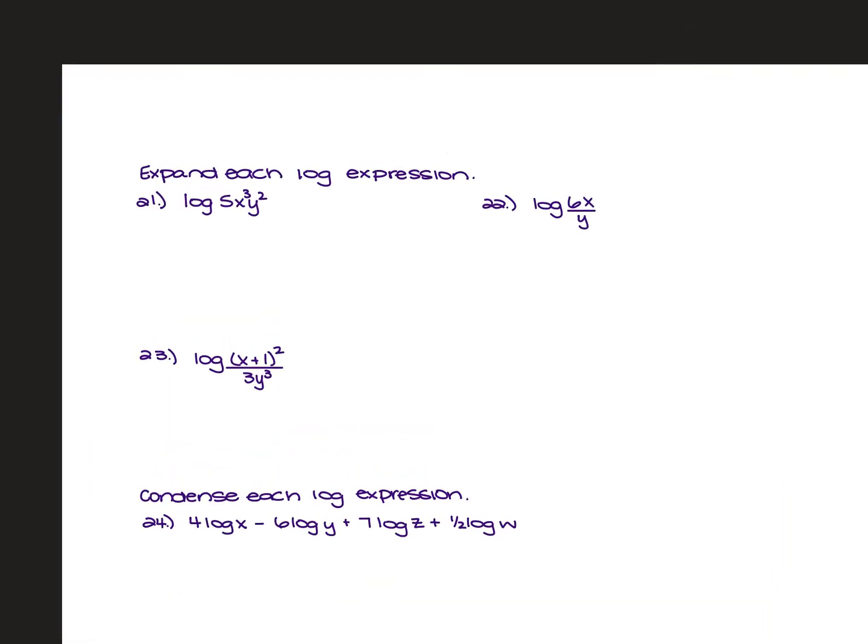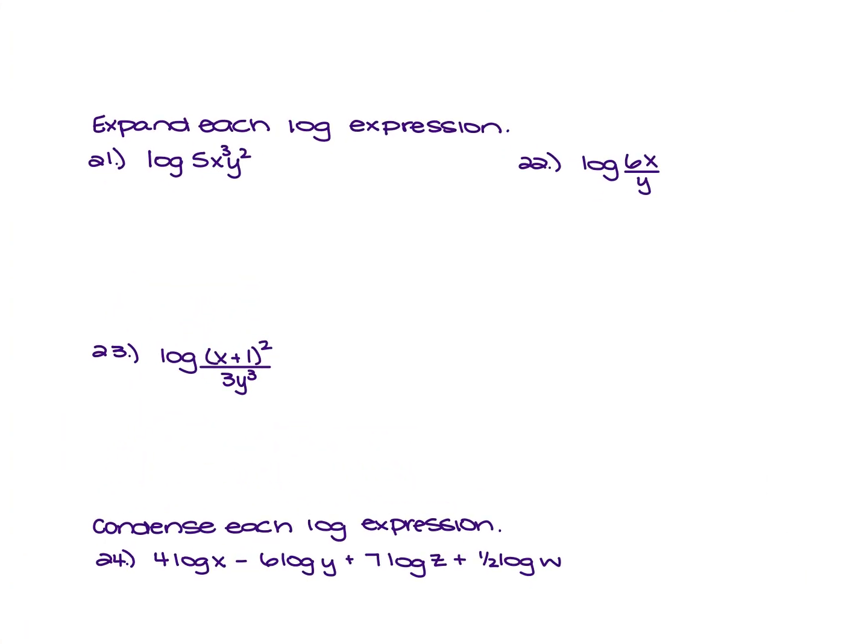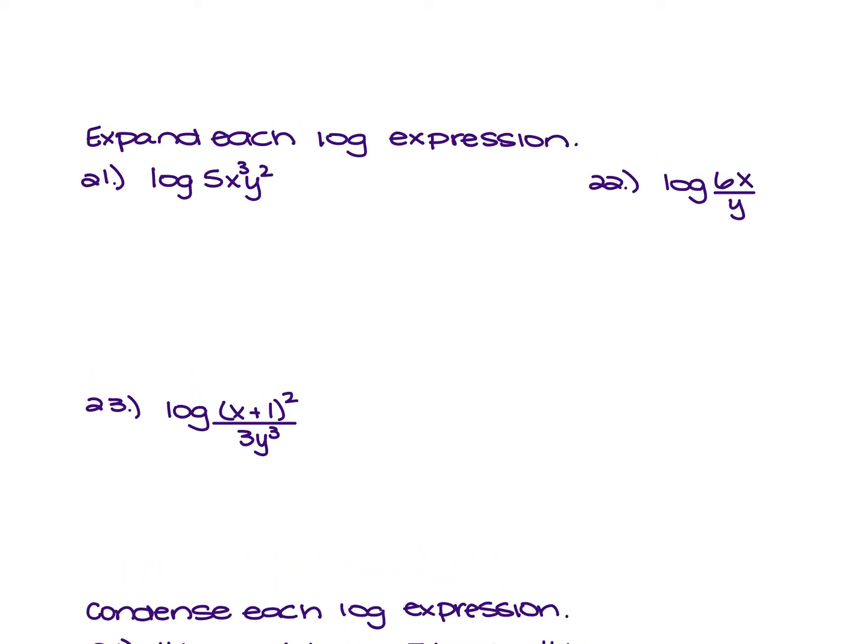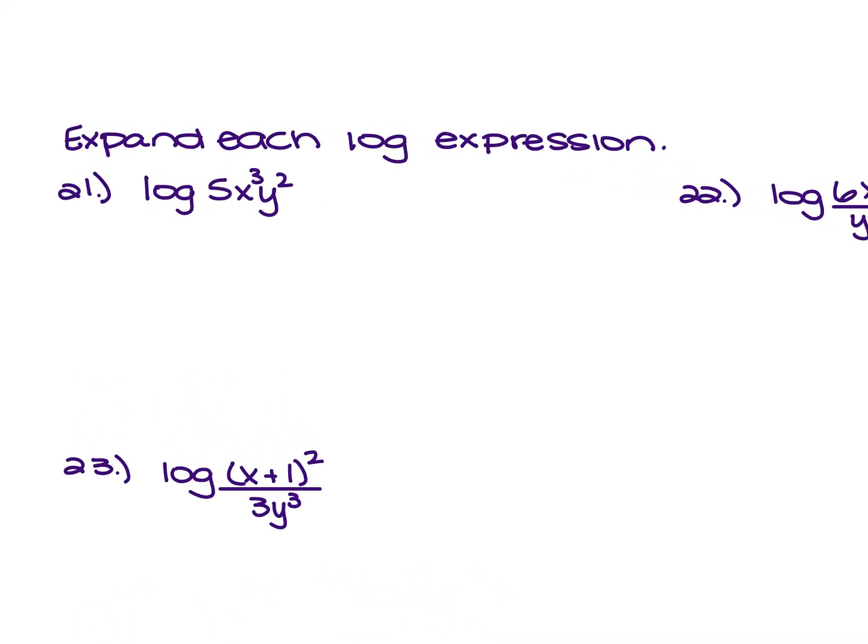For 21 through 23, you're expanding each of these log expressions. For 21, you have log of 5 x cubed y squared. These are all being multiplied by one another, so you're going to separate them with addition. So this is going to give you log of 5 plus log of x cubed plus log of y squared.